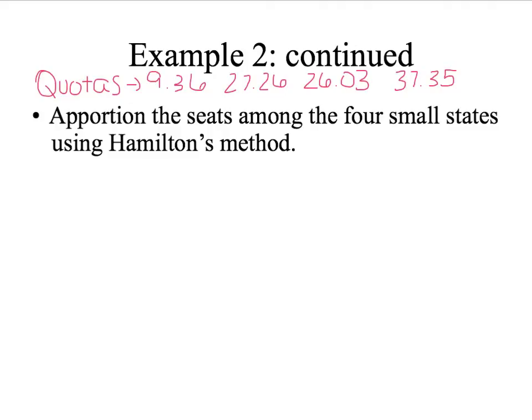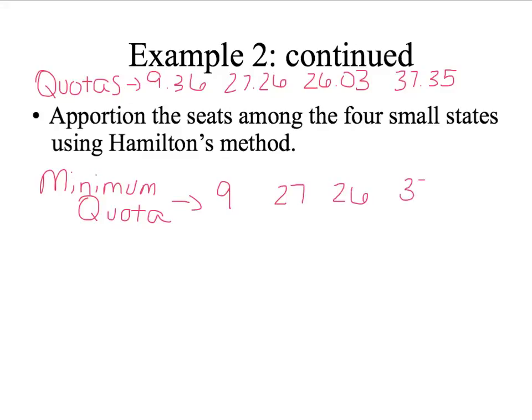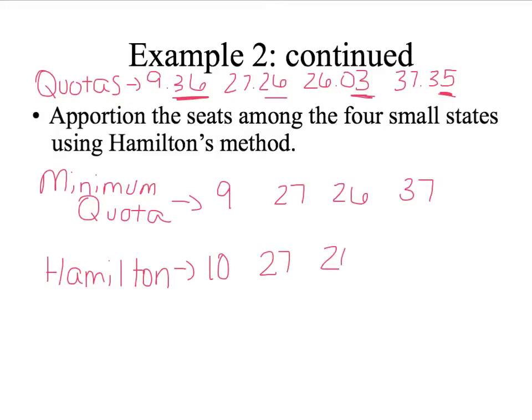And what that is, it's just each quota rounded down. So I'm going to take each quota and round down: 9, 27, 26, 37. And then to figure out who's going to get the extra seat, because if we add these up, we'll be 1 seat short, he looks at the decimal part that's left. And whoever has the biggest decimal gets the additional seat. So in this case, state A gets the additional seat: 10, 27, 26, 37.